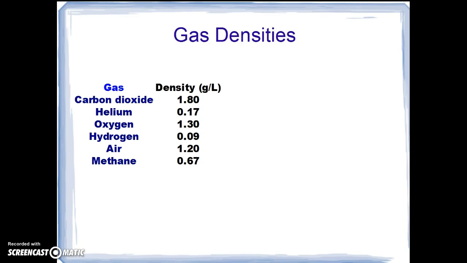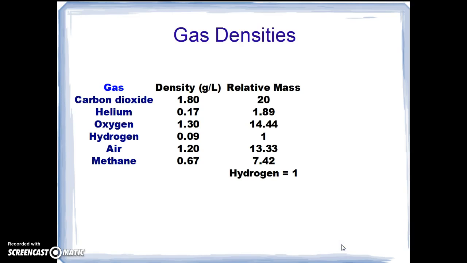10 times less dense. We can use hydrogen as our standard, and some did that in the early years, hydrogen being the smallest, and just call it 1. And so the relative mass of hydrogen is about 1/20th that of carbon dioxide. The relative mass of oxygen is in the vicinity of 15 or 16 times greater than hydrogen.